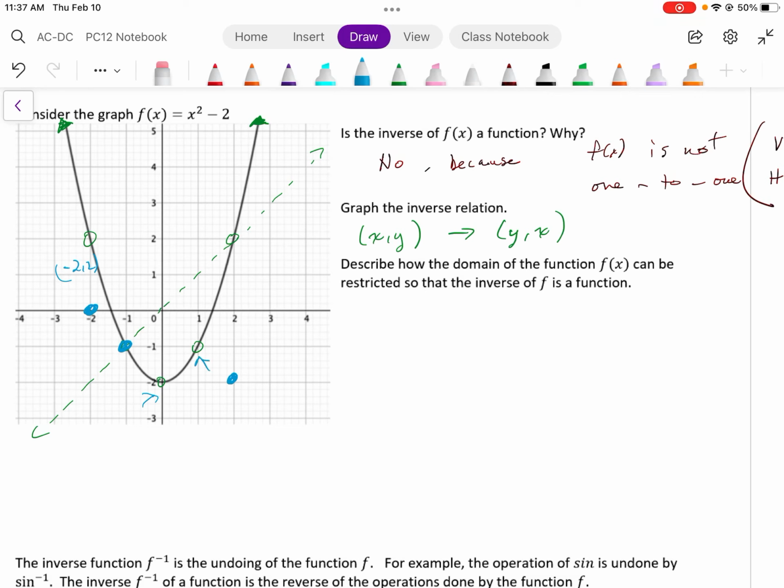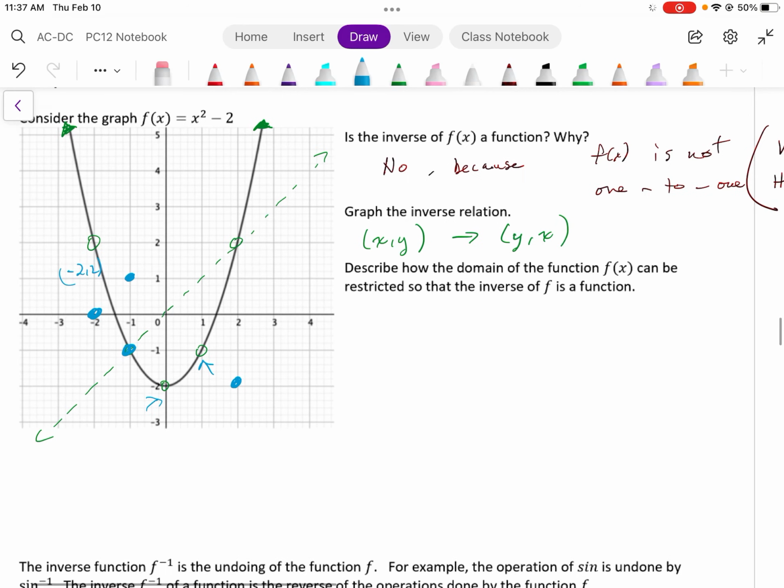This point right here is 1, negative 1. So if you switch the x's and y's, you'll end up with negative 1, 1. Last but not least, 2, 2. Wouldn't you know it? There it is. So every point of our function that exists on the identity line will remain the same. And then there's my inverse.